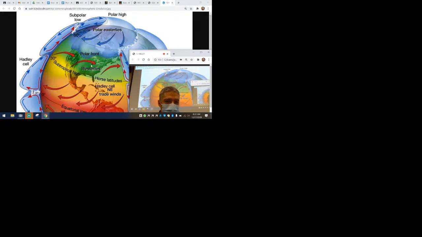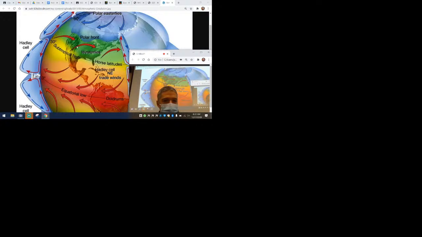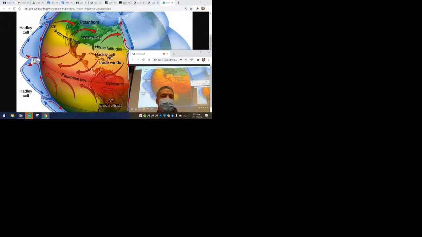These winds are going toward it. This is the subtropical high. The winds are going away and away. So after today, we've got one more new thing to learn, which is the Coriolis effect and the circulation of the atmosphere. And then we're going to put all this together and figure out all the different climates of all the different continents.